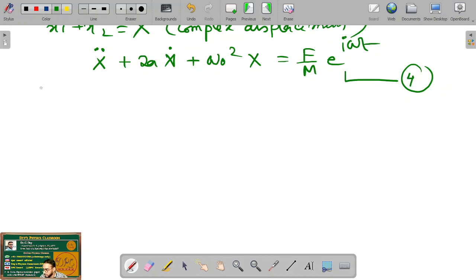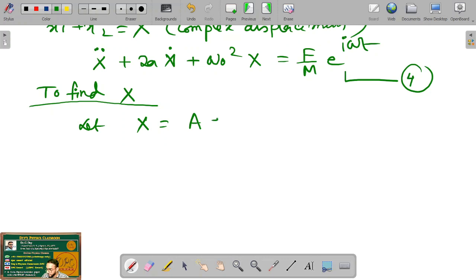Now we have to solve equation 4 to find an expression for capital X, that is the complex displacement. So let us take capital X equals some constant A into e to the power iωt.